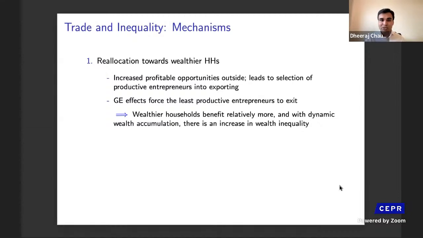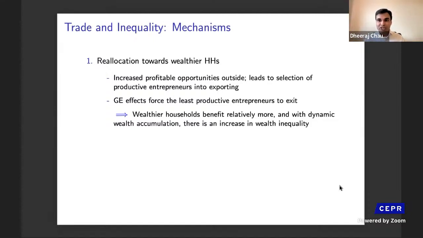So how does it happen? It's basically simply a Melitz story. Declining trade barriers in a county provide entrepreneurs with larger exporting opportunities outside, and this leads to selection of more productive or wealthier entrepreneurs into exporting, and thus they benefit relatively more.